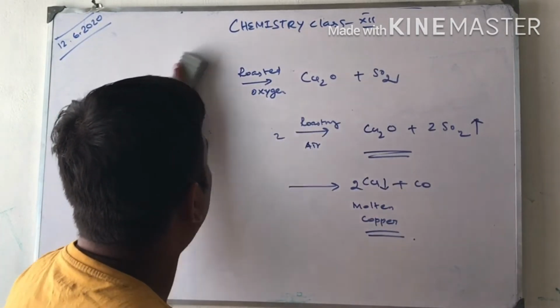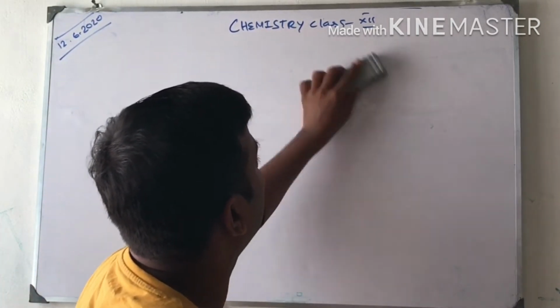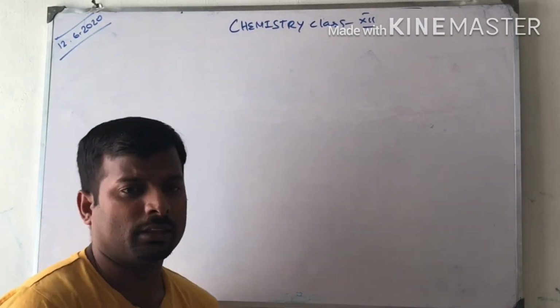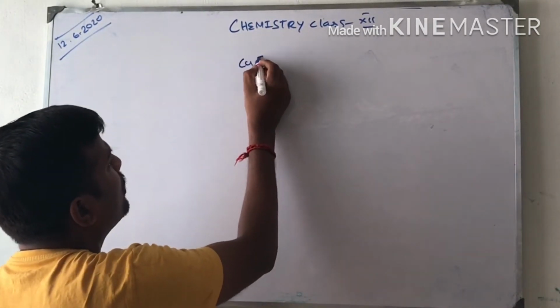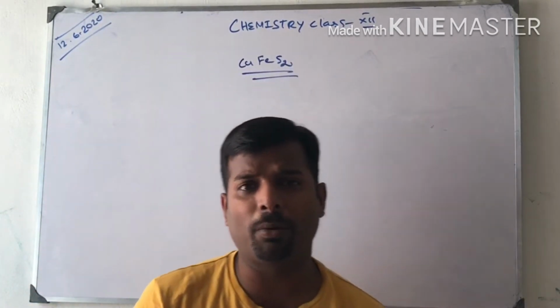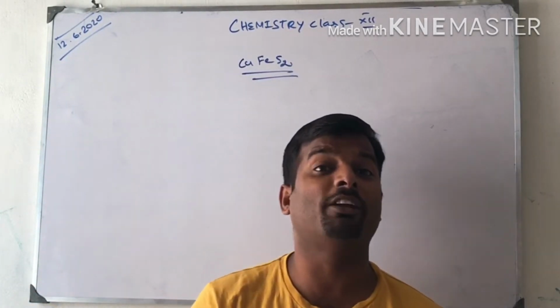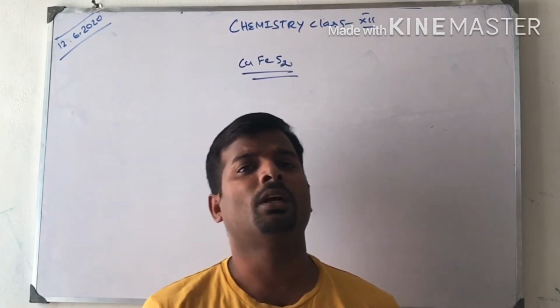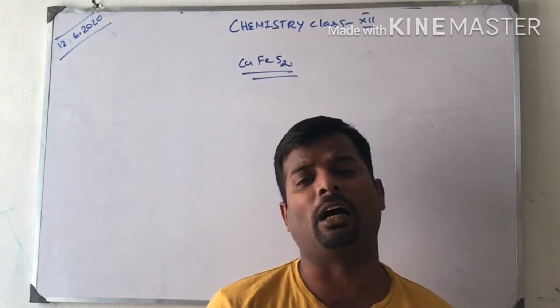Now I am going to tell you one more thing. If copper contains iron impurities, let us take the example CuFeS2, which is also an ore of copper, how can we remove that iron impurity? We can remove the iron impurities by mixing with silica as flux.